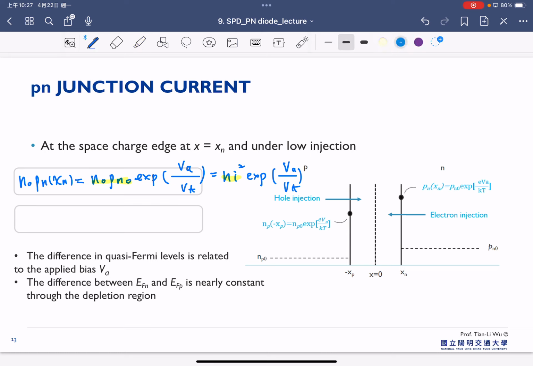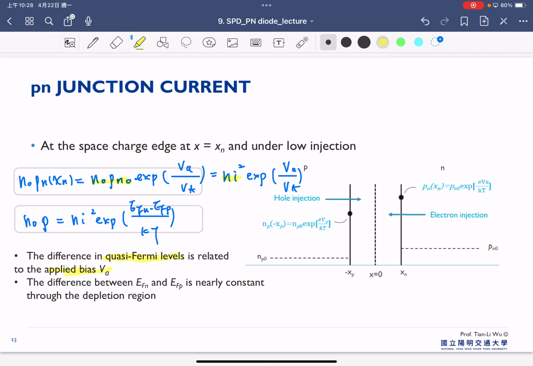So the N0 P is equal to this one. So the difference in quasi-Fermi level is related to the applied bias VA.